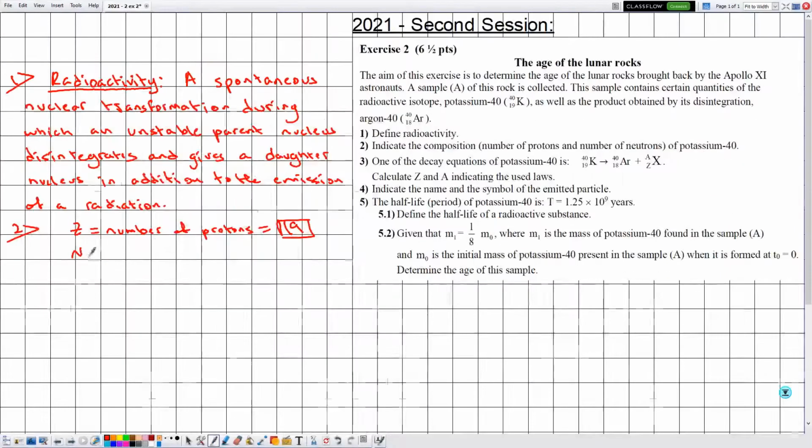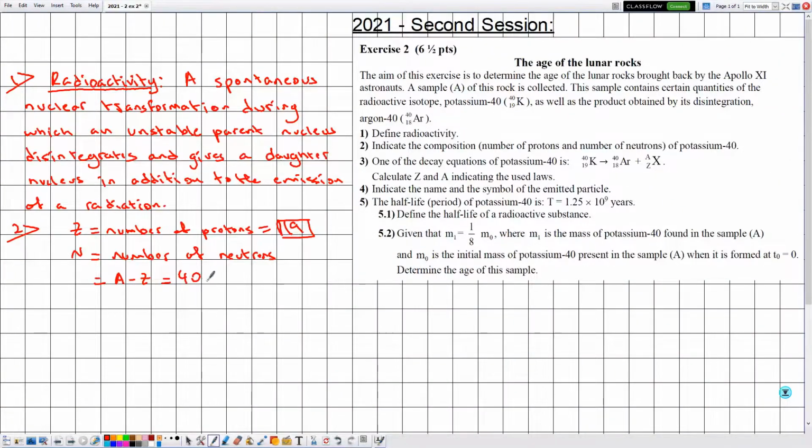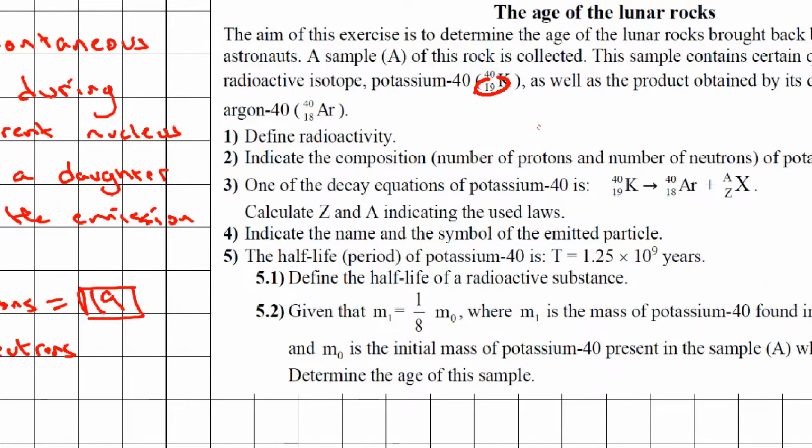Now regarding the number of neutrons, which is given by N, remember that N is given by A minus Z. We need to subtract the number of protons from the number of nucleons, which is A. Then N represents the number of neutrons, and this is equal to A minus Z, and in this case A is given by 40 and Z is given by 19.